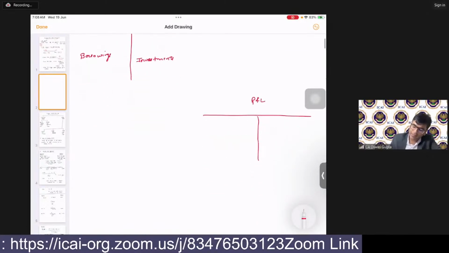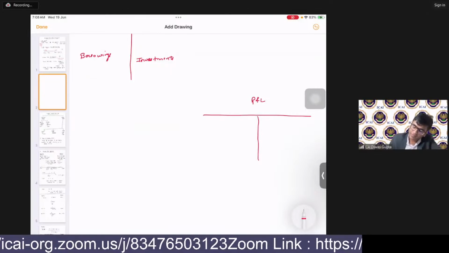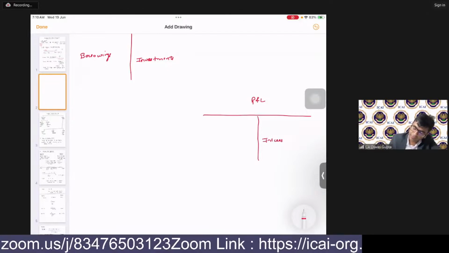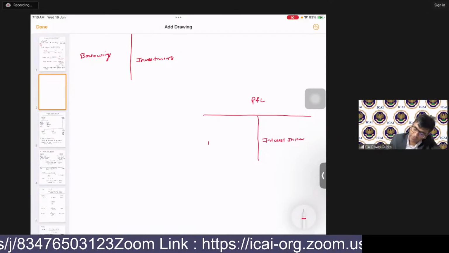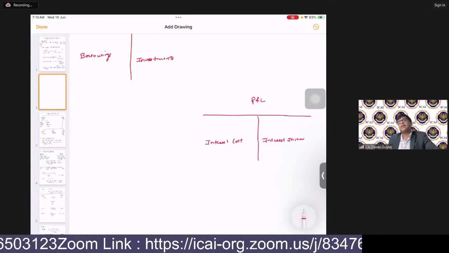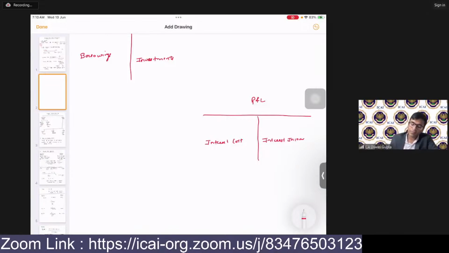Associated with these investments and borrowings, in the P&L we will have interest income and interest cost. Interest cost is related to borrowing and interest income is related to investments.